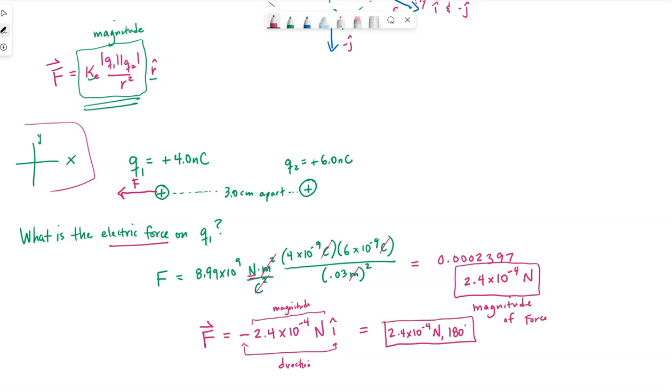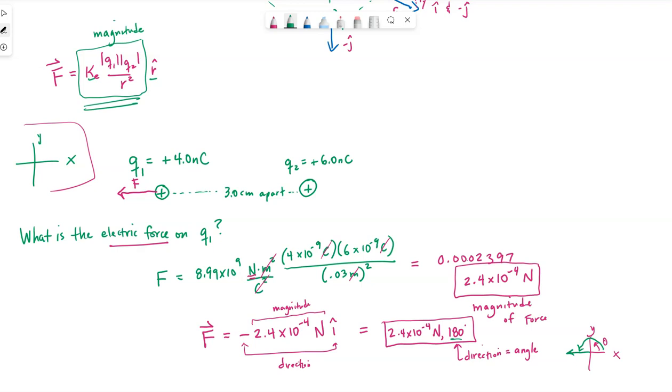If you happen to remember, and we talk about direction in terms of an angle, we're going back to the polar coordinate system, where theta is measured counterclockwise from the x-axis. And so to go all the way from the x-axis to pointing to the left is an angle of 180 degrees.